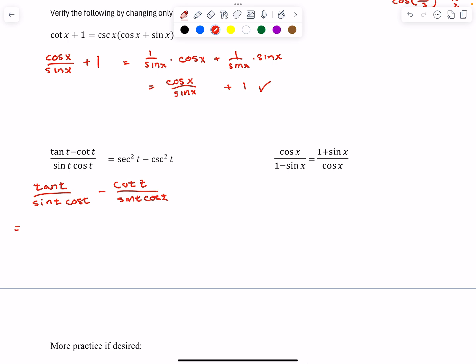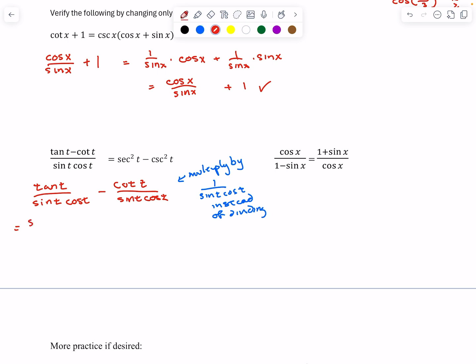And instead of dividing, I'm going to multiply, that way I don't have to have a compound fraction.